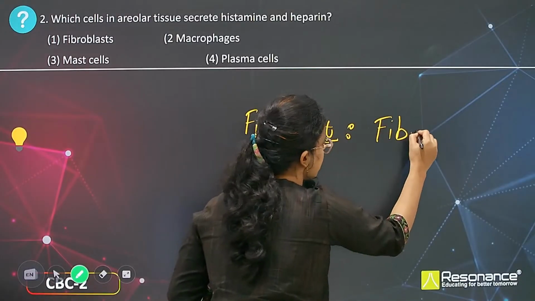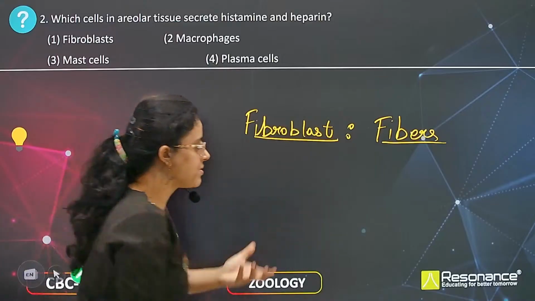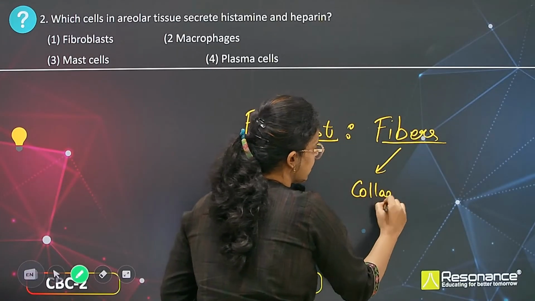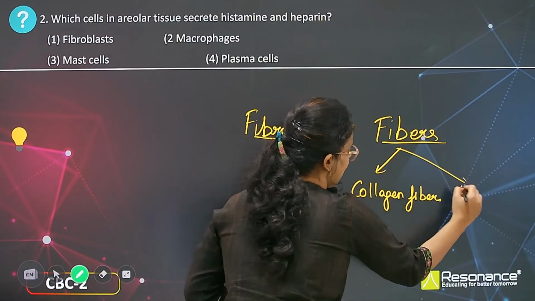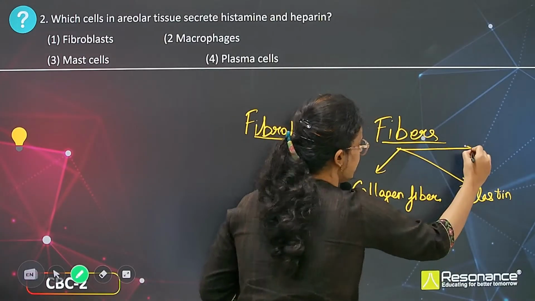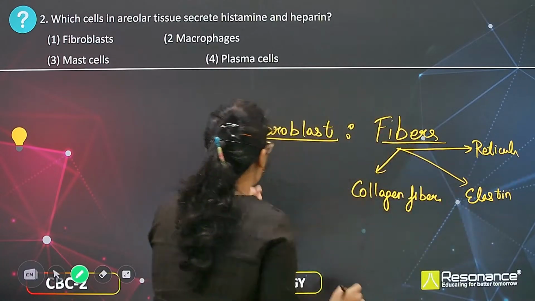With the name itself you can tell: fibroblast means it forms fibers. And what types of fibers do we have? Collagen fibers, elastin fibers, and reticulate fibers. So this is the role of fibroblast.